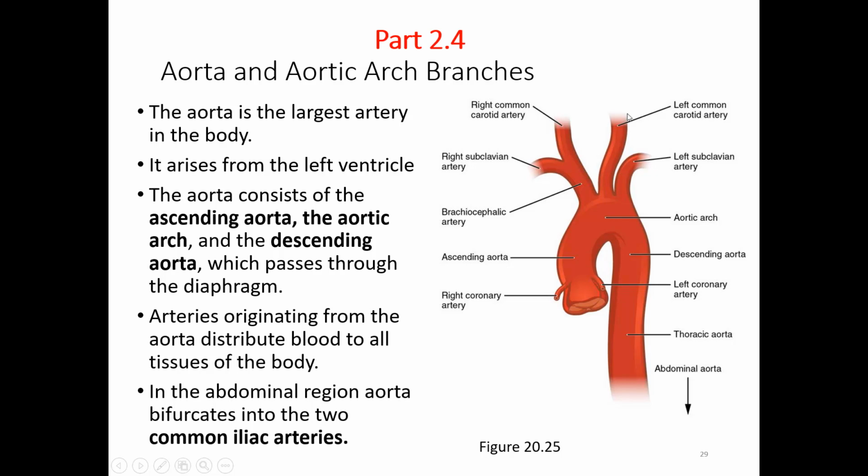The left common carotid artery and left subclavian artery originate straight from the aorta without a brachiocephalic artery. When the aorta goes down, it's called the thoracic aorta until it penetrates the diaphragm, and after that it's called the abdominal aorta. Down in the pelvic area, the abdominal aorta branches into 2 common iliac arteries.